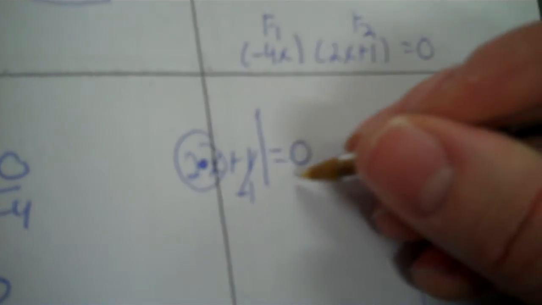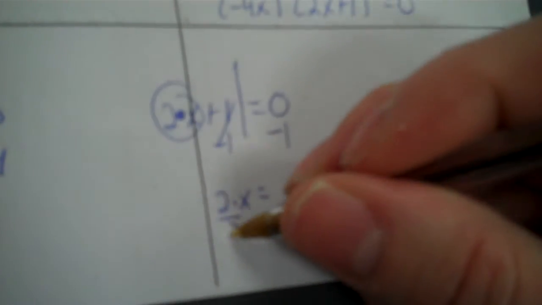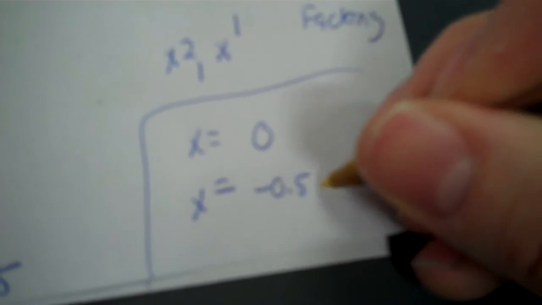So times 2, you take out your plus 1 with a minus 1. 0 minus 1 is negative 1, and then divide by 2. Negative 1 divided by 2 is negative 0.5. If you don't like decimals, you can write it as negative 1/2. Either this or this. Pick one or the other.